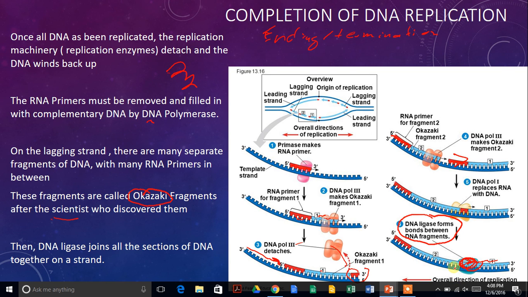So DNA ligase joins together those fragments of DNA caused by removing the primers and filling them in with DNA. And then we're all done. Then we've got two coiled up new DNA polymers.